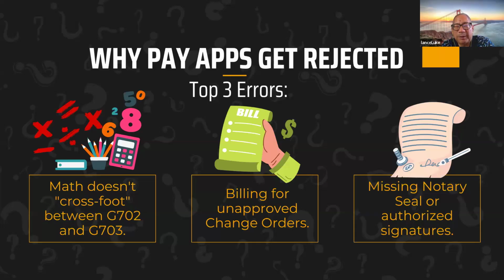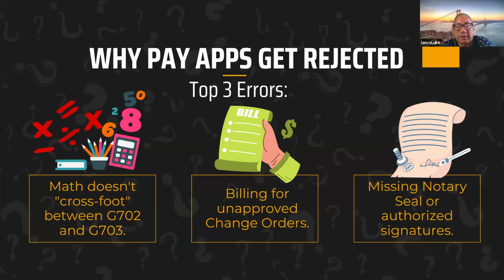So every pay application, there has to be a notarized signature, right? But it depends on if there's a construction loan and the lender requires it or not. Some lenders don't, so the notary is not needed.